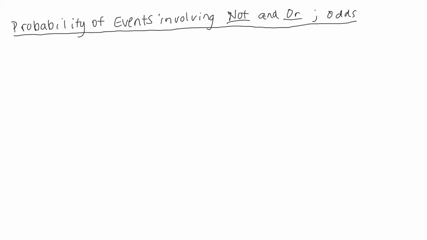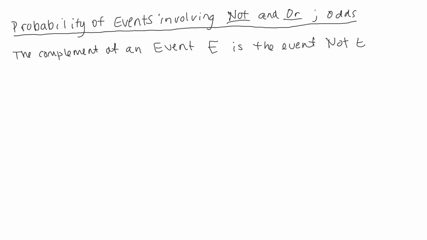So the first thing we have is the complement of an event E is the event not E. So we're going to be looking at events and the probability that they don't happen.